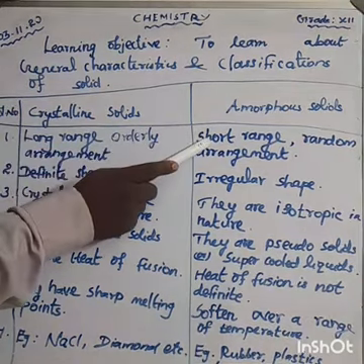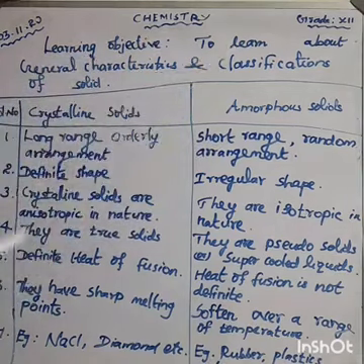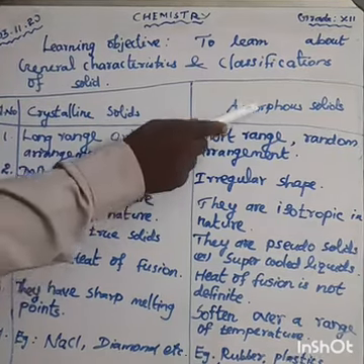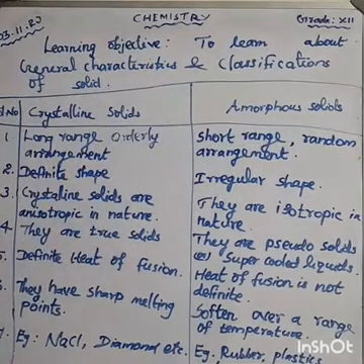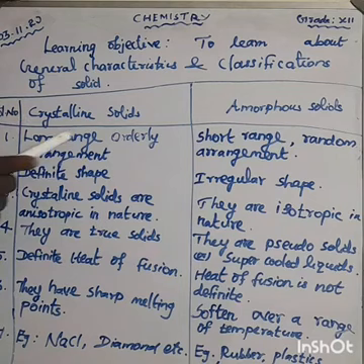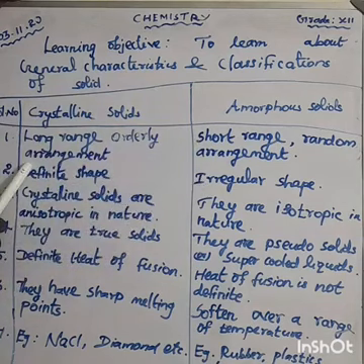They have a short-range, random arrangement of their constituents, like a honeybee flying randomly. The crystalline solid has a definite shape. The amorphous solid has an irregular shape.